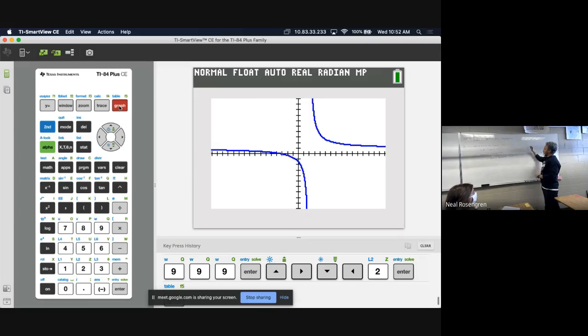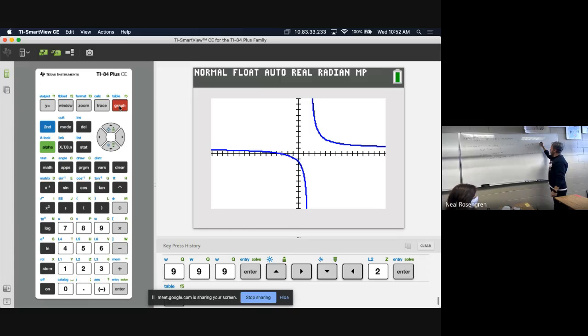For a vertical asymptote, as x isn't actually equal to c, but as x approaches c, okay, that arrow means getting closer and closer and closer to it.